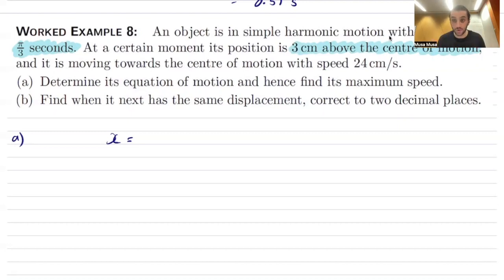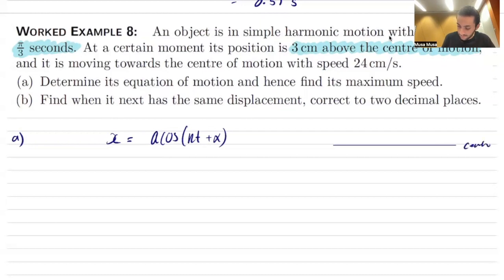So I'm just going to show you a general equation, which is still supposed to encapsulate all of this. So let's say A cos(nt plus alpha). They didn't give us anything about the center of oscillation. They just told us that at a certain point, you're 3 centimeters above that center of motion. So this is the center of motion, and there's some time where you're 3 centimeters above that. It means we have the flexibility of choosing where our center of motion is.